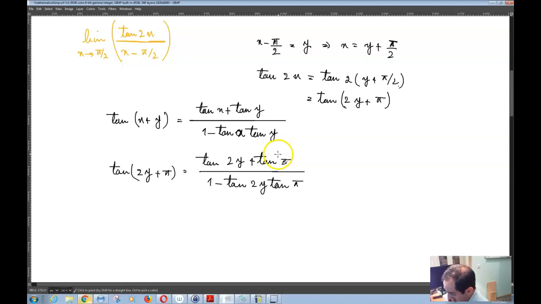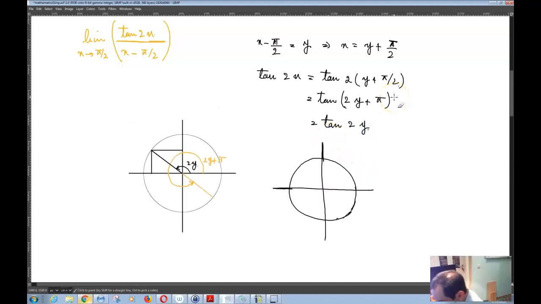Tan of pi is equal to 0, so this part is 0, and this whole thing becomes 0. So what remains is tan of 2y. So tan of 2y plus pi is equal to tan of 2y.